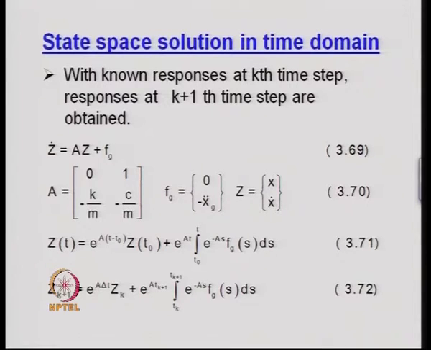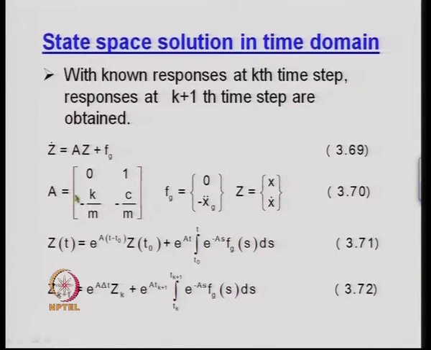Next, let us see the state space solution in time domain, in which the state space equation, as I described before, is written in this form: z dot is equal to A z plus Fs, where A is this matrix, Fs is the excitation matrix and z is the state vector.